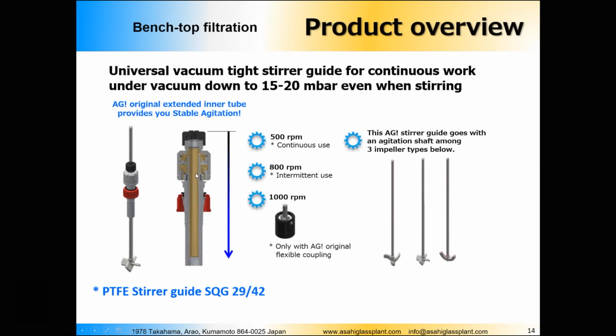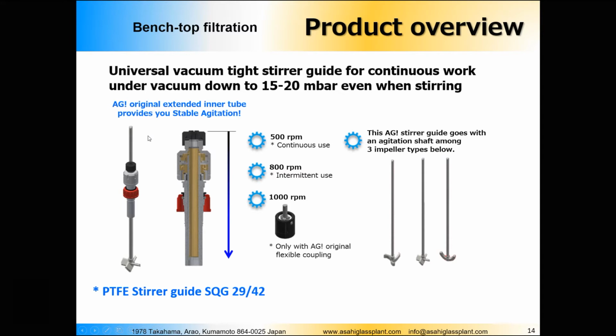Let's go from the top of the reactor or the filter dryer, Nutsche filter, discussing the accessories. So first of all, one of the very important parts of the filter is the type of the stirrer guide that is used.